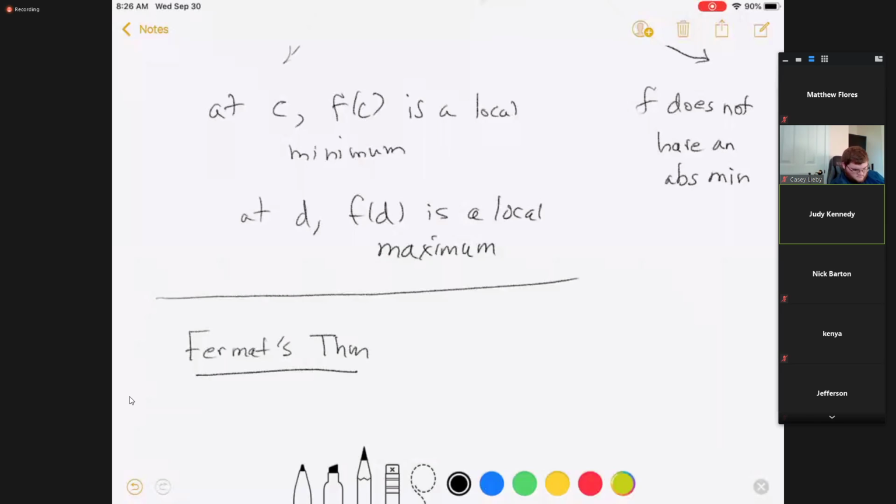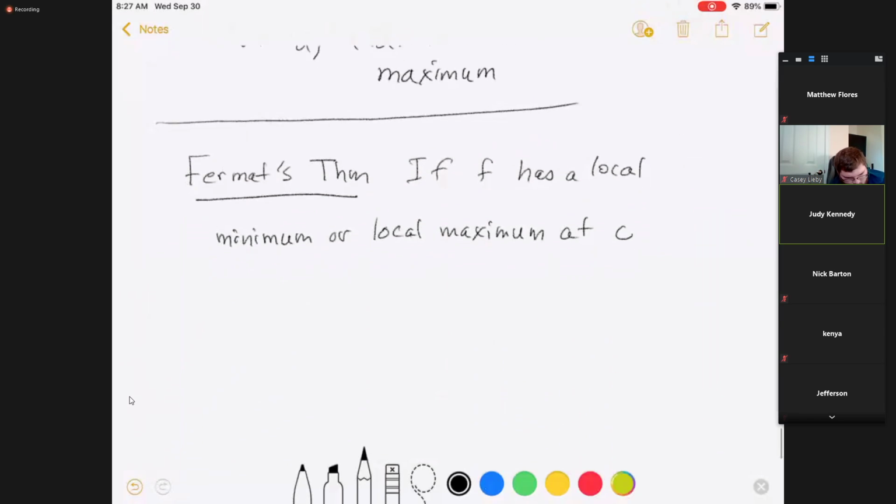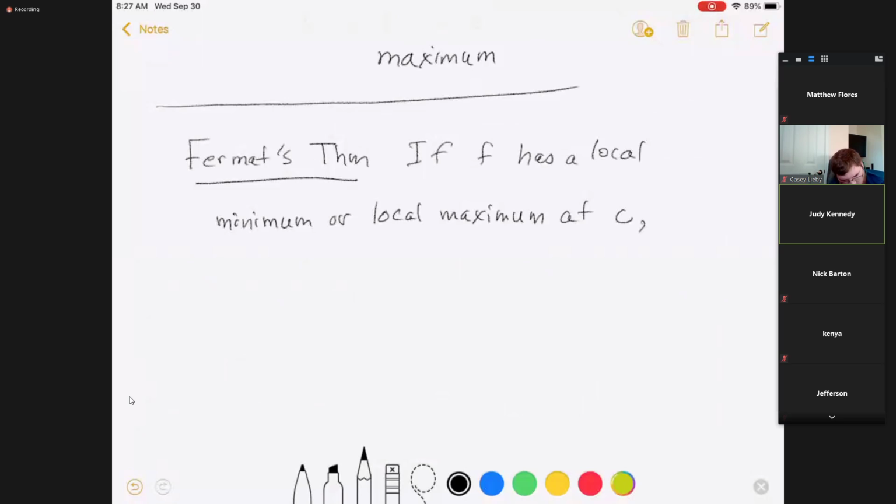It says that if the function f has a local minimum or local maximum at the number c, and f prime of c exists, so you do have a derivative there, then f prime of c is equal to 0.